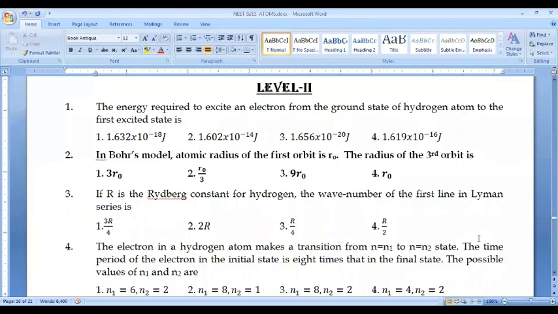This is a level 2 question. Question number 1 was completed yesterday, and question number 2 we'll discuss in this class.